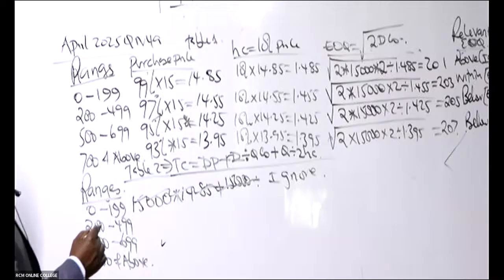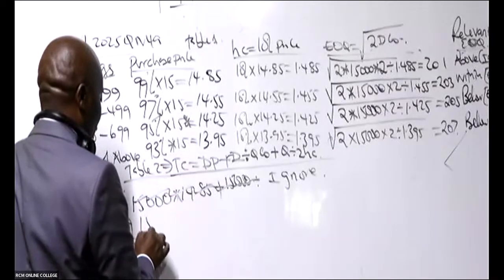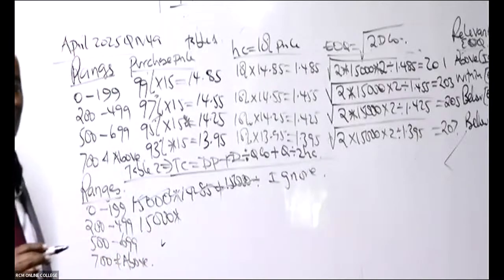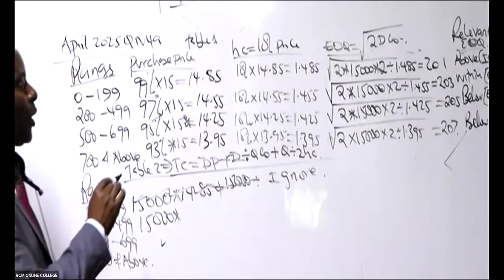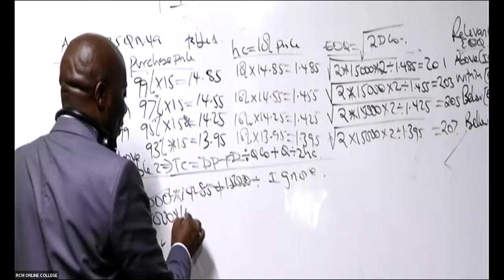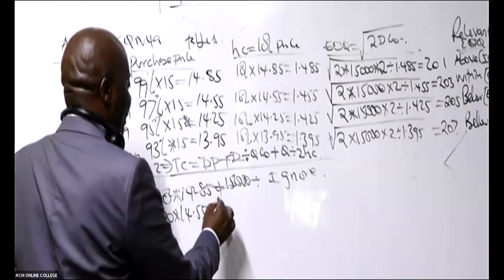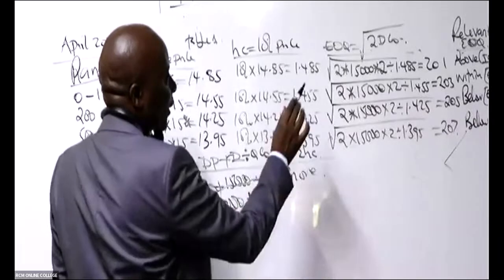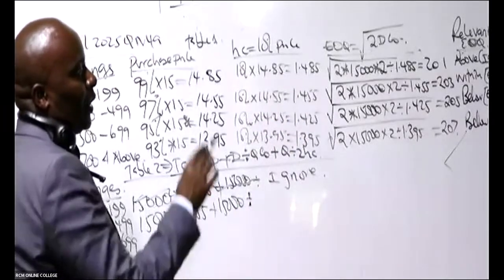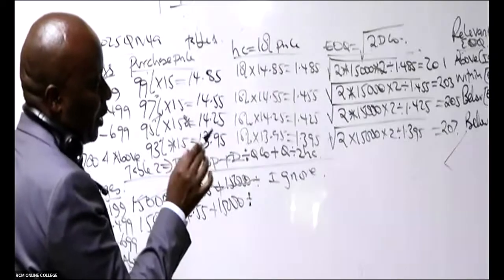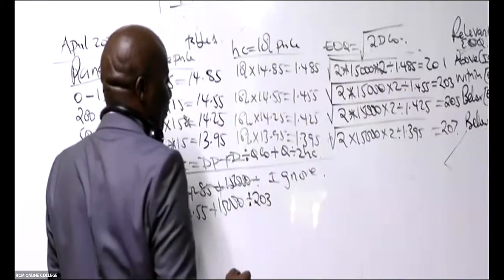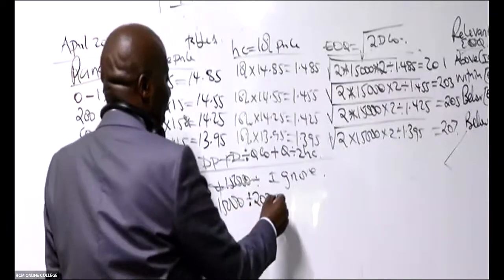Range number 2, we shall take the annual demand of 15,000. How about the price? The price for range 2 is 14.55, isn't it? Yeah, plus this annual demand divided by the second quantity there. Within the relevant EOQ, you have said the EOQ is 203, isn't it? Times cost per order.